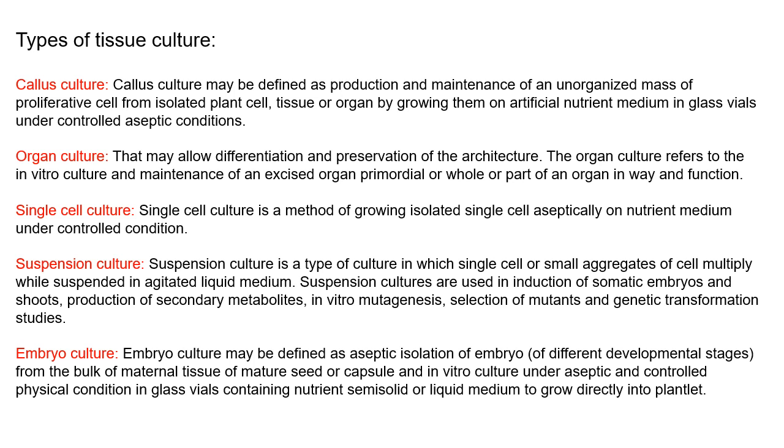Then next is embryo culture. Embryo culture may be defined as aseptic isolation of the embryo of the plant, at different developmental stages, from the bulk of maternal tissue of a mature seed or capsule, and in vitro culture under aseptic and controlled physical conditions in glass vials containing nutrient semi-solid or liquid medium to grow directly into a plantlet.